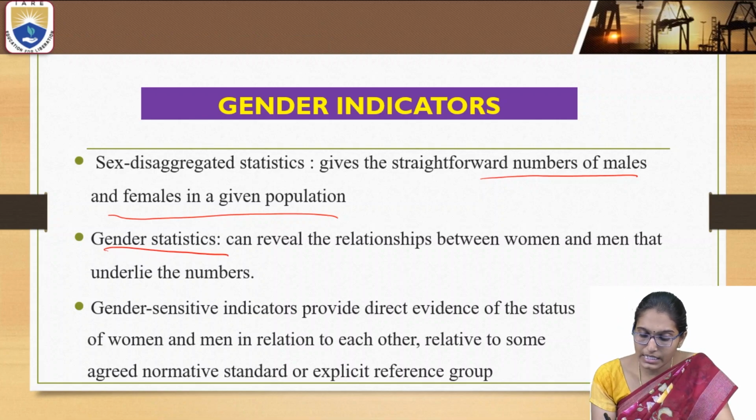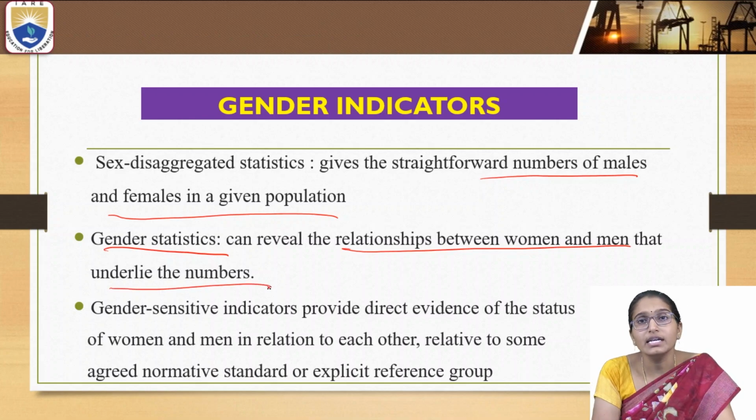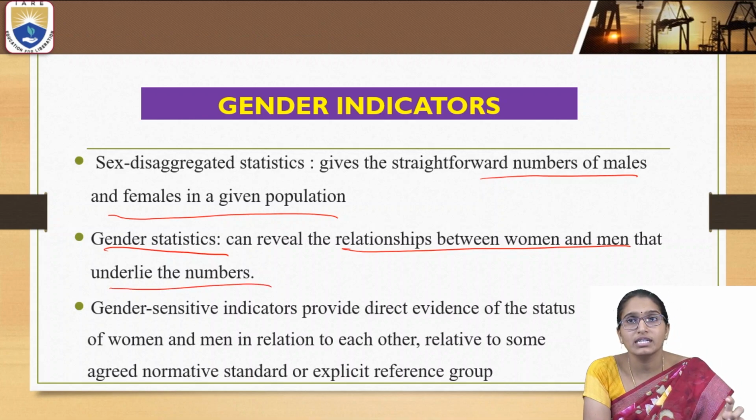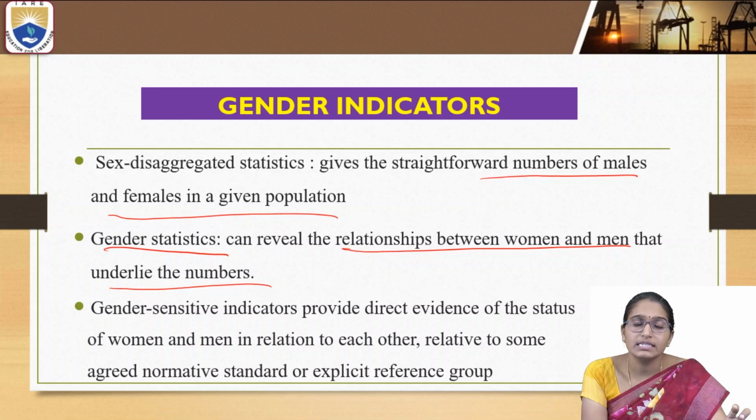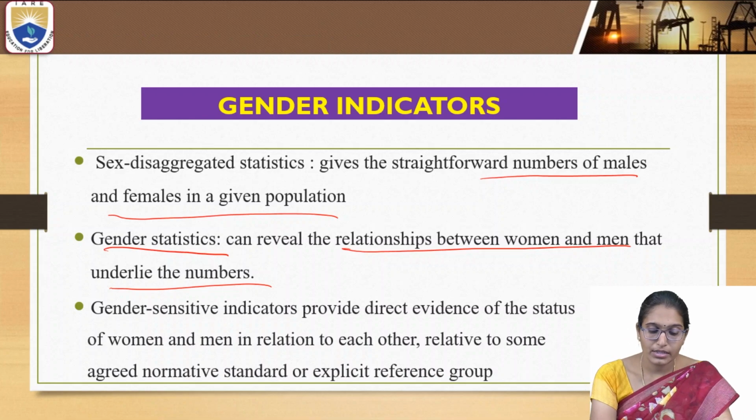So this can reveal the relationship between the men and women that underlies the numbers. So the first one gives direct statistics of the number of women and men, and the second one, the gender statistics, gives the relation between the women and the men, between those numbers.